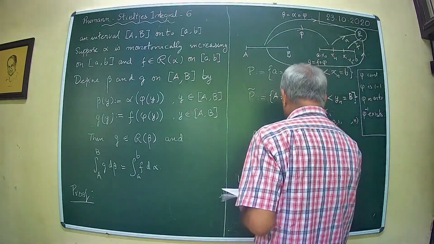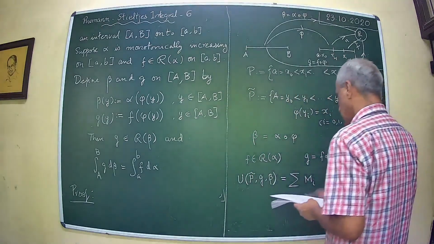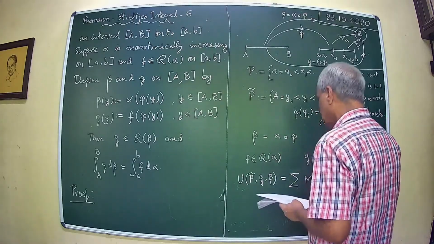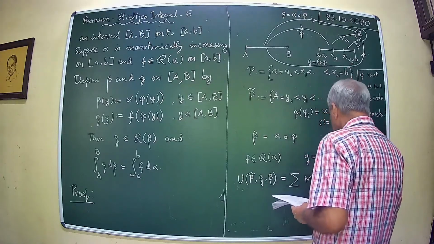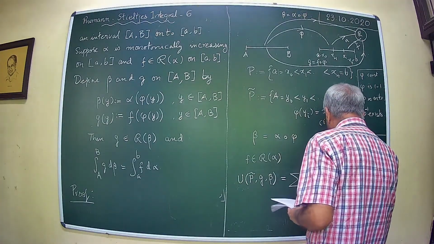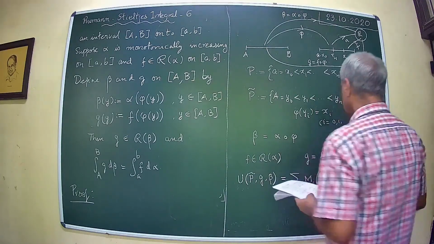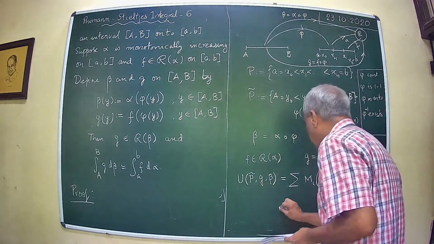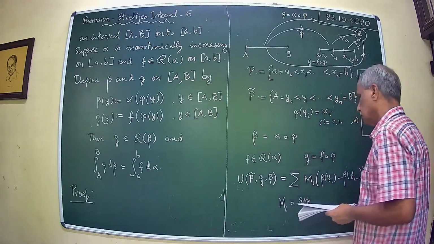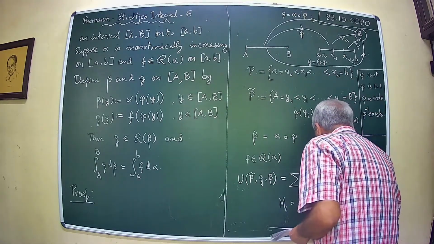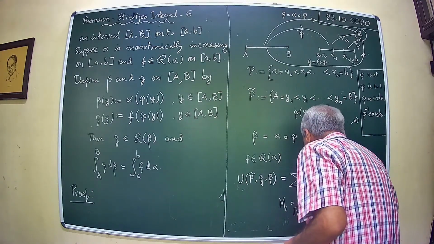Now this is equal to sigma Mi times beta yi minus beta yi minus 1, where Mi is equal to the supremum of G x on the interval yi minus 1 to yi.